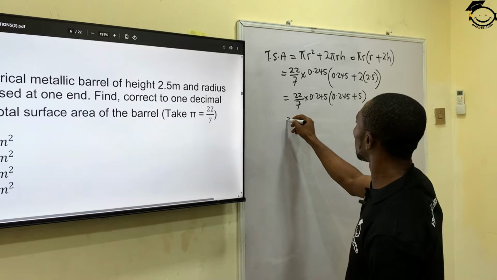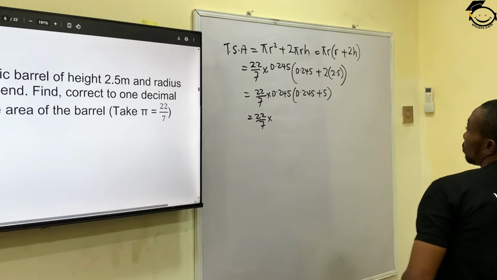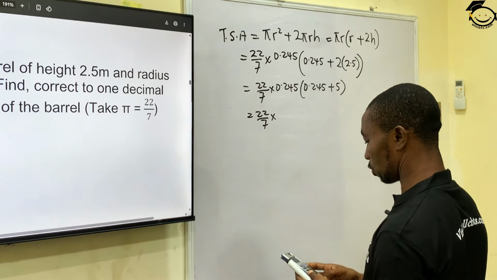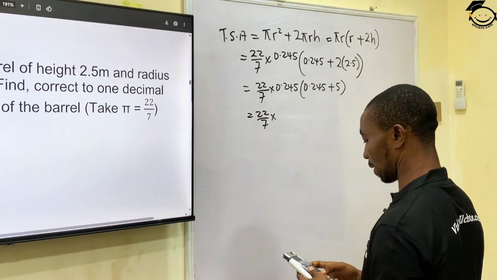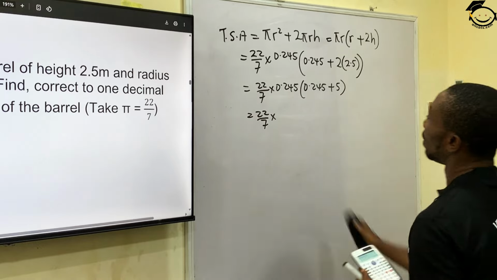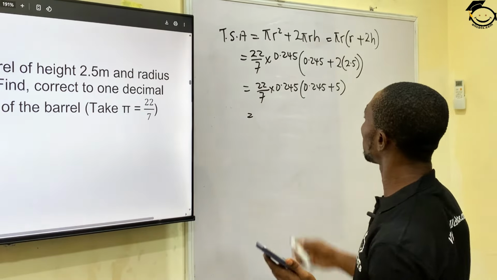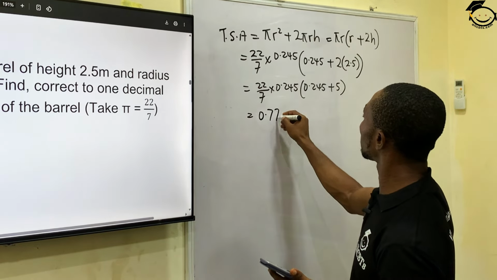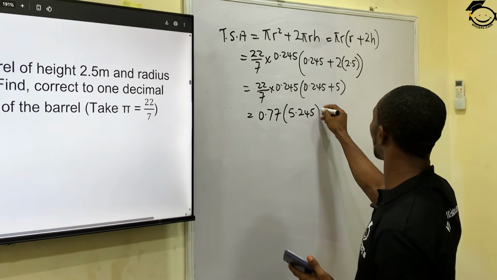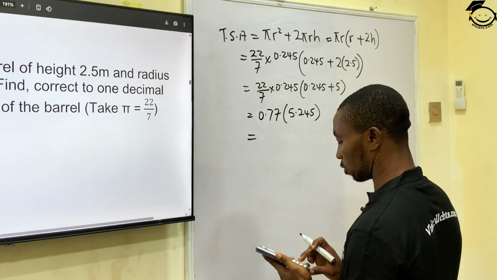So this is going to become 22 over 7 times 0.245, which is 22 times 0.245 divided by 7, would give us 0.77 bracket 5.245. So if we multiply this, we are having times 5.2.